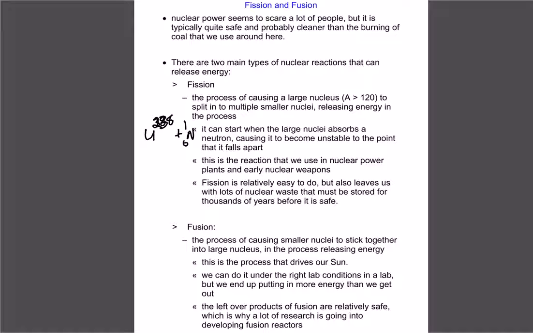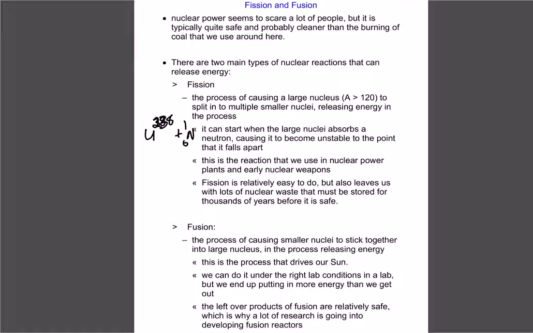In general, fission is fairly easy to do. We can make these reactions quite simply, and we get quite a bit of power out of it. The problem is the byproducts, the elements that are created after the reaction, tend to be quite toxic, so we get lots of nuclear waste that has to be stored for thousands of years before it decays enough to be safe. So that's the biggest issue.